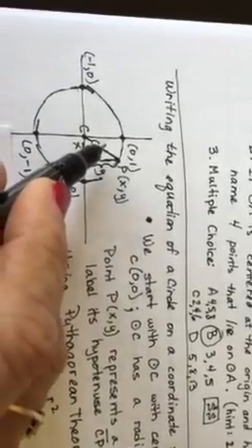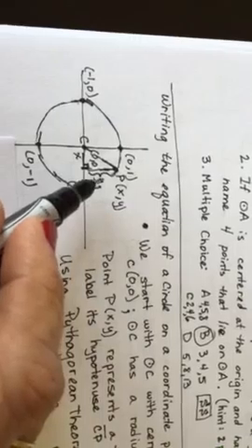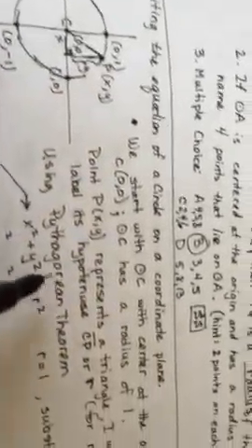So we know that a squared plus b squared equals c squared. So x squared plus y squared equals the radius squared. And we can call that hypotenuse or that radius segment CP, or we can call it r for the radius. So x squared plus y squared equals r squared. That is true for that point.